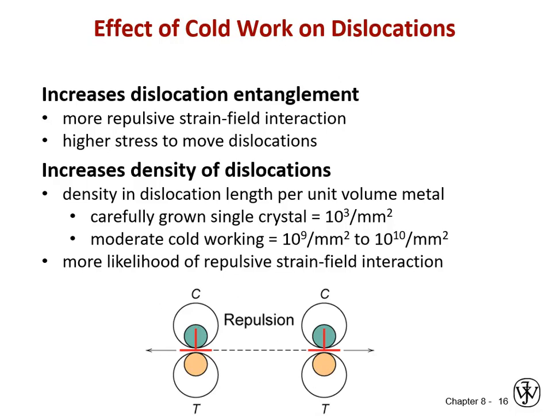So remember, dislocation length is in meters and volume of material is meters cubed, so we end up with per length unit squared. Moderate cold working will increase that length per unit volume by 6 to 7 orders of magnitude. So 10 to the 9th to 10 to the 10th per square millimeter. So with 6 orders of magnitude, we definitely have more likelihood of repulsive strain field interaction and hence higher yield and tensile strength. So that is the essence of strain hardening.